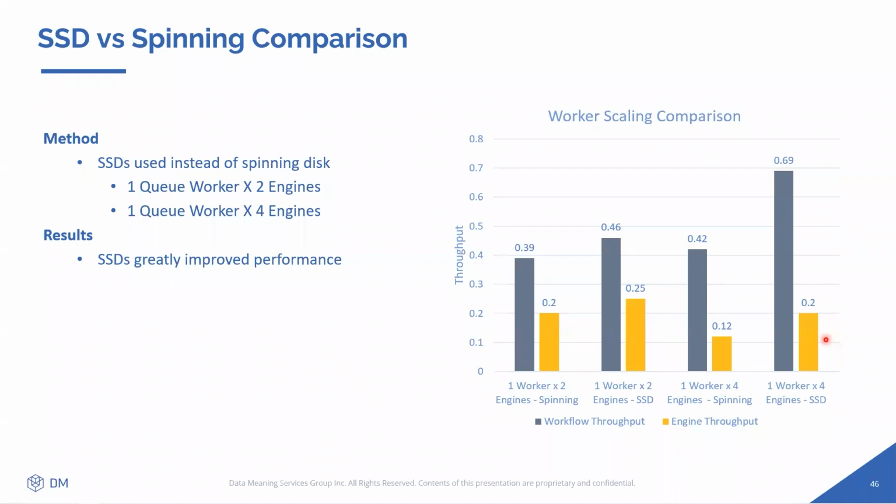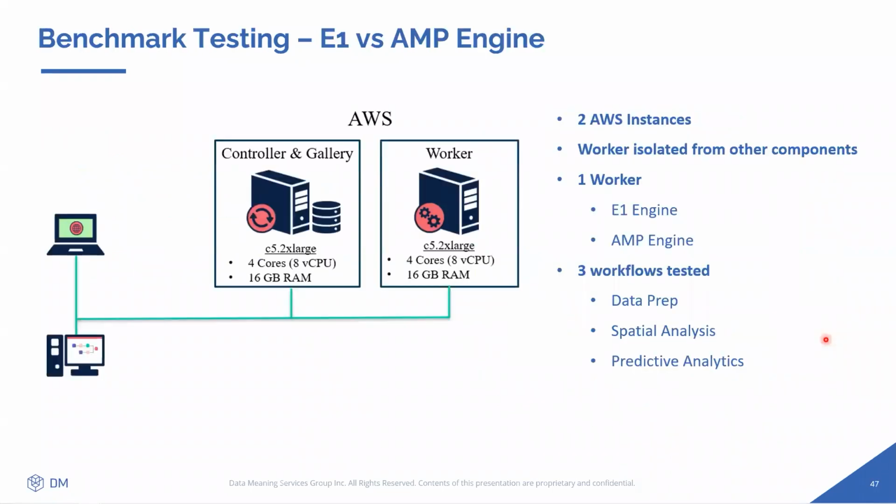All right. So moving forward, I have one more test that I want to show here. It's more basic, but it's related to the AMP engine. The AMP engine is the new engine that Alteryx has created. So for now, you have the possibility of selecting the E1 engine or the AMP.